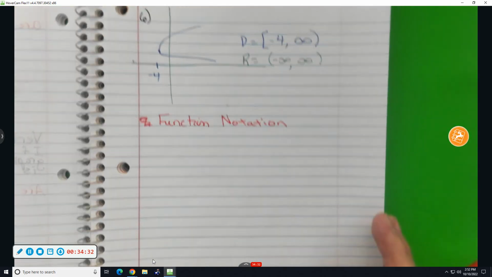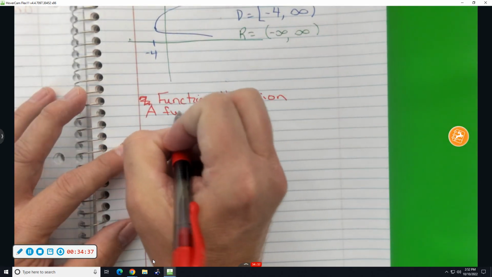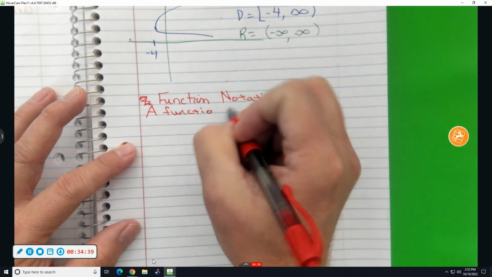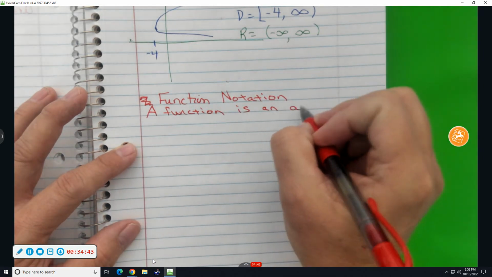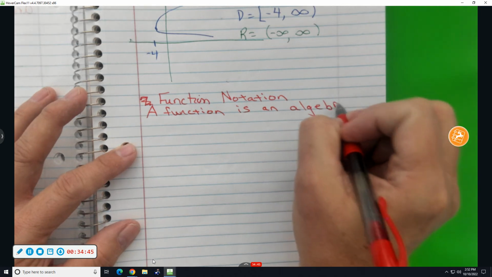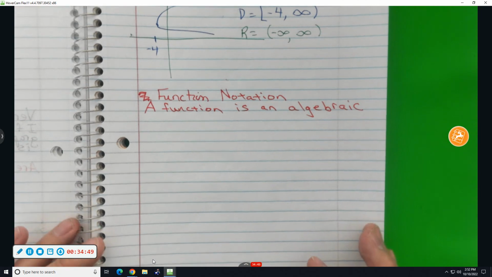I'm going to say a function is an algebraic equation. I'll write the sentence and then we'll take it apart and see what it's trying to say.